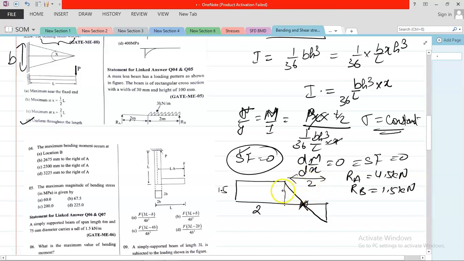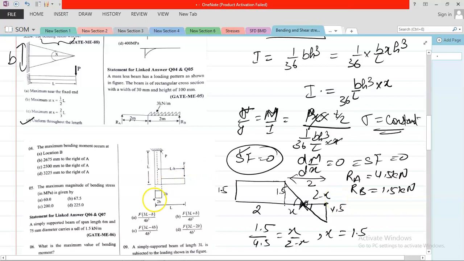Now this value is 1.5 and this value is 4.5. So you can apply the concept of similar triangles, that is 1.5 divided by 4.5 is equal to x upon 2 minus x. This is x, so this is 2 minus x. You can obtain x as 1.5 from here, from B point.